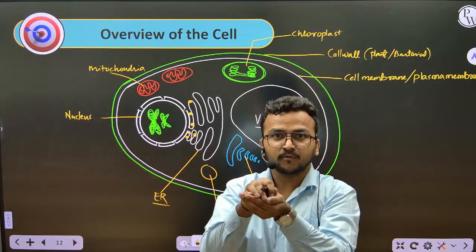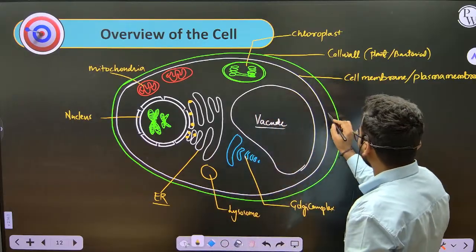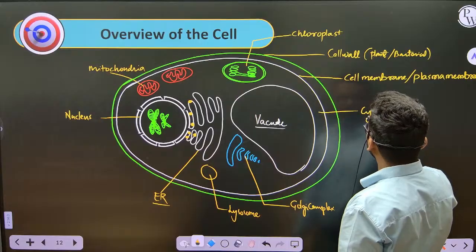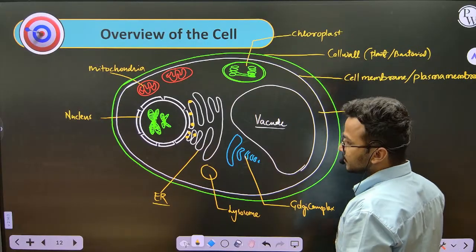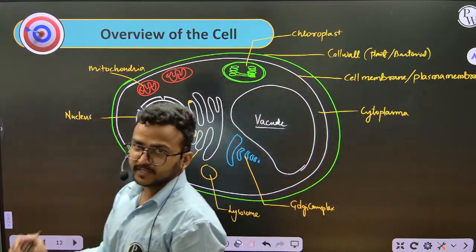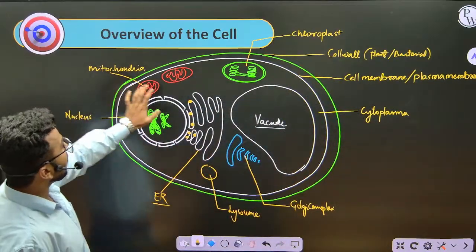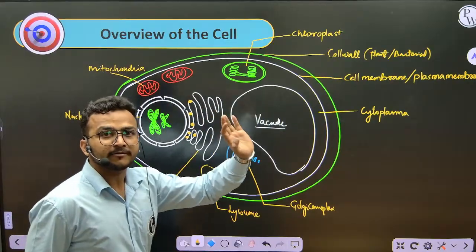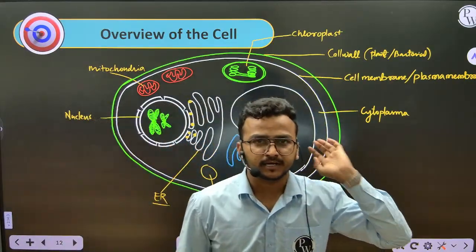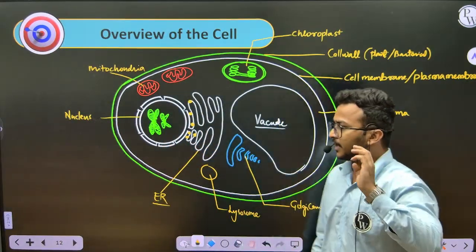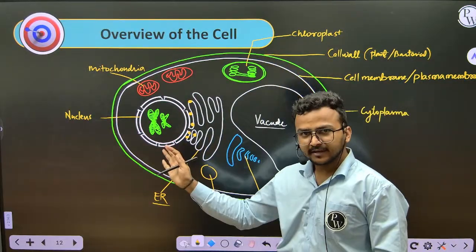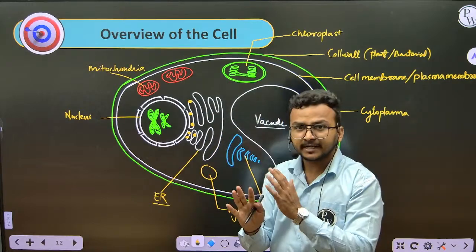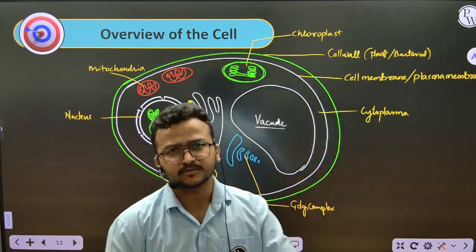Plasma, liquid, water it is. So everything which is present within this we have discussed. It is an overview of the cell. Overview in the sense, the complete content which is present in the cell we will be learning here. So the cell is completely made up of cytoplasm and everything.